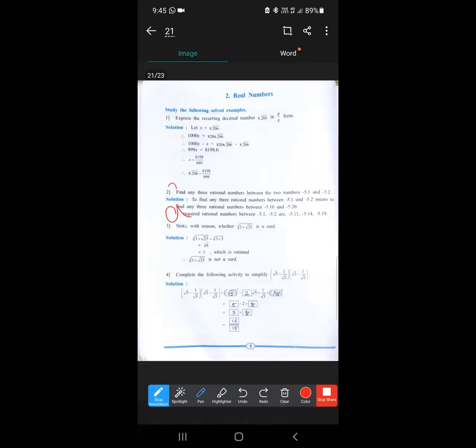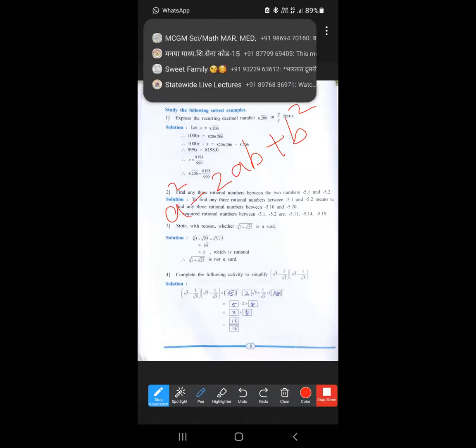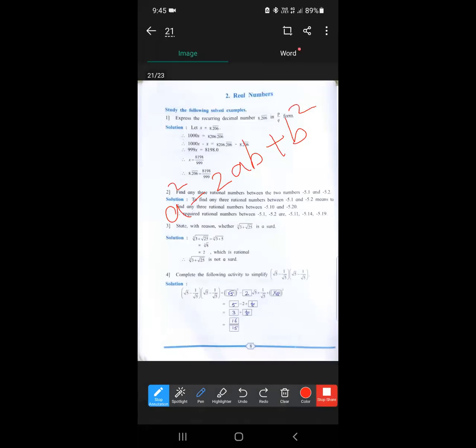So here a square, that is root 5 the whole square, minus 2 into a and b. This is your a and this is your b. All of you know. So 2 into root 5 into 1 upon root 5, plus (1 upon root 5) the whole square.